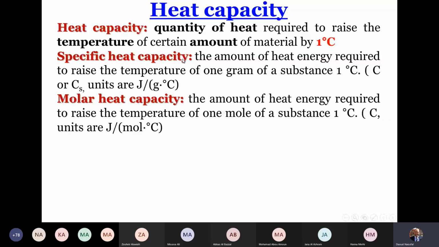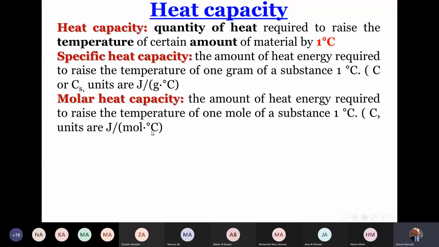In contrast to the specific heat capacity, which is per 1 gram, the molar heat capacity is per 1 mole, and the notation is only C and not Cs, and the units are joule per mole per degree.